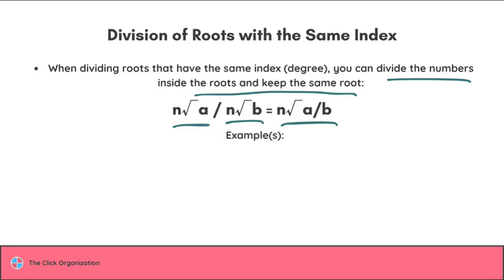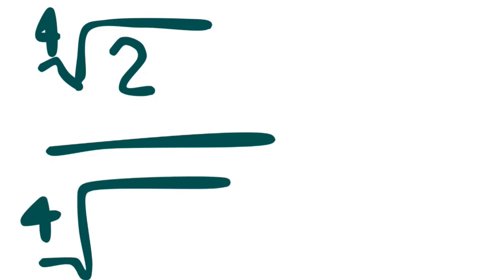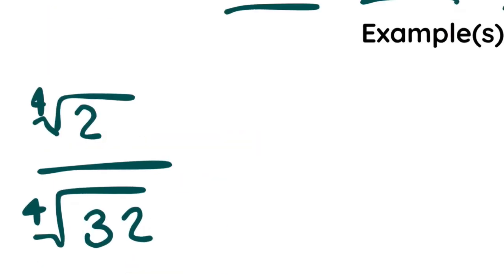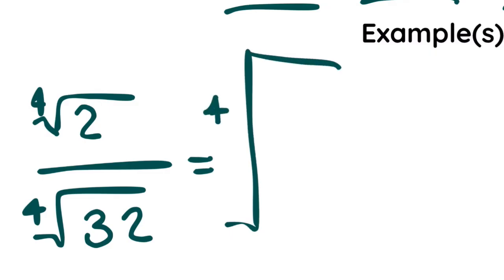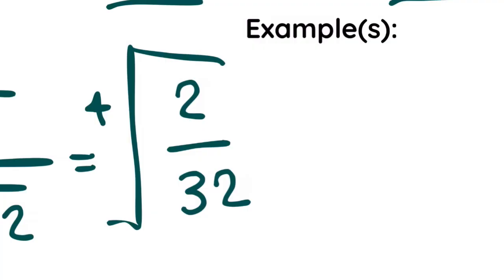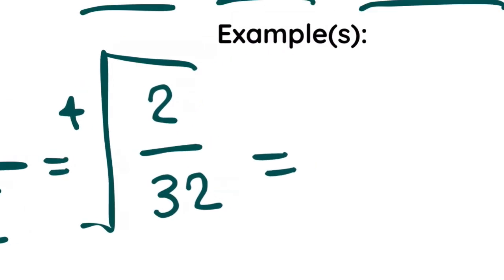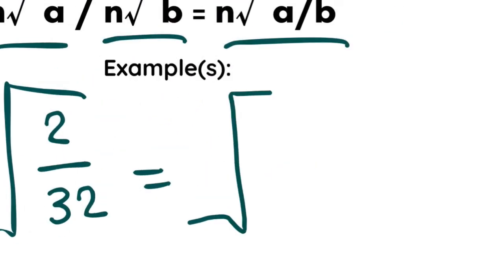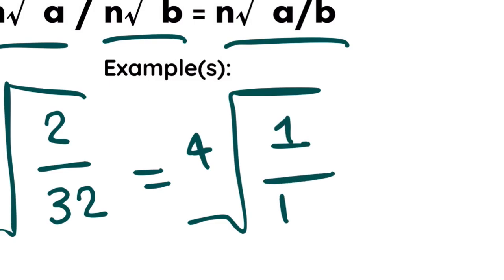Let's do an example. Okay, so I have the fourth root of 2 divided by the fourth root of 32. I can write this as the fourth root of 2 divided by 32, and I can simply again write this as the fourth root of 1 divided by 16.